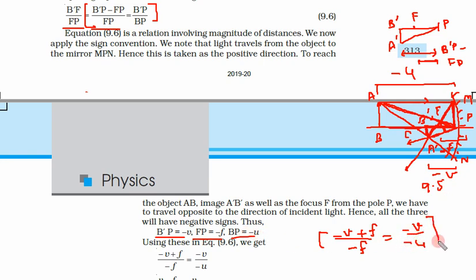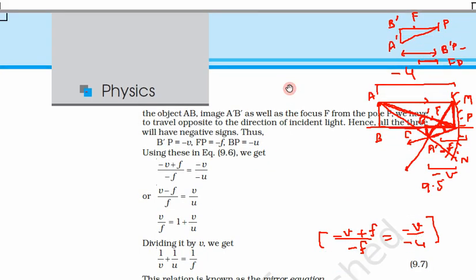So this is our equation after putting the values. This is the equation that we got: minus v plus f upon minus f. Left side is correct, right side is minus v upon minus u. So the right side is also correct.